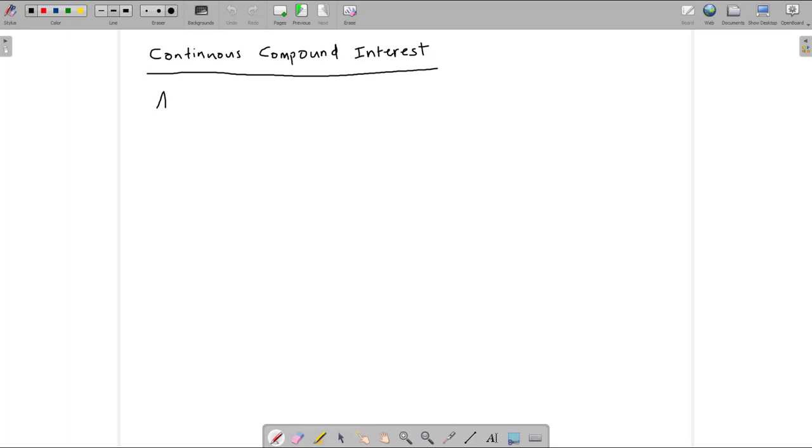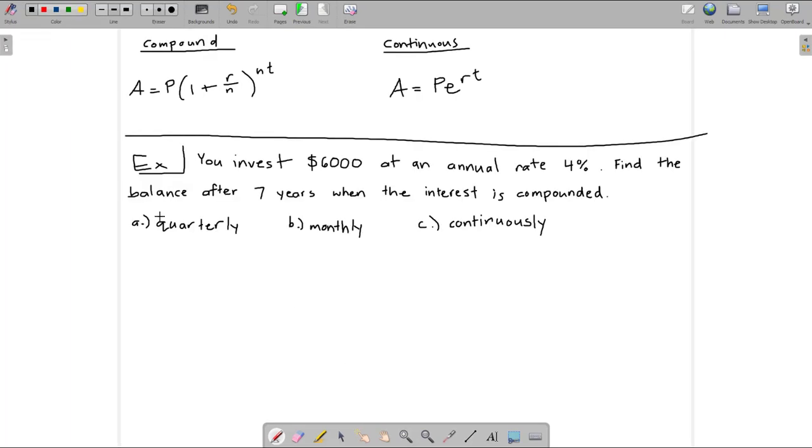So instead, Euler's number can be used in the equation A equals P e to the RT, where we have the same definitions for our variables here. A is the account balance, P is our initial investment amount, R is the rate, and T is the time in years. All right, so now let's take a look at an example so we can get some practice plugging in the values into these formulas, this compound interest and this continuous interest.